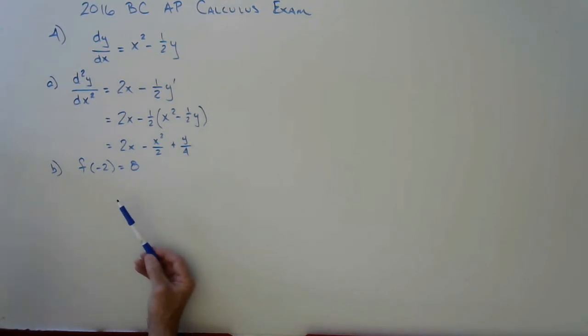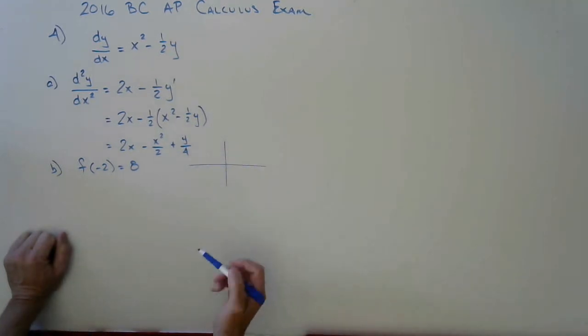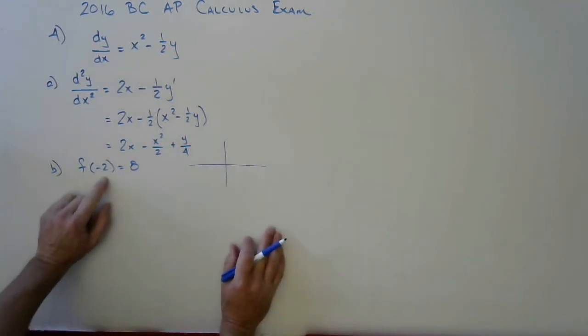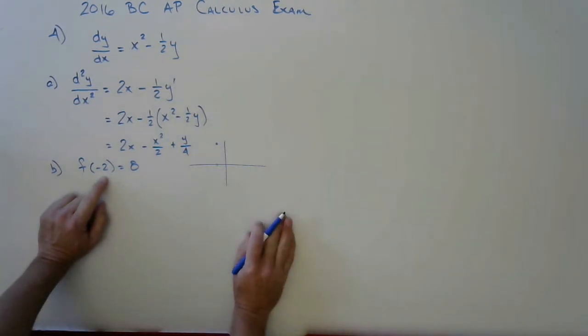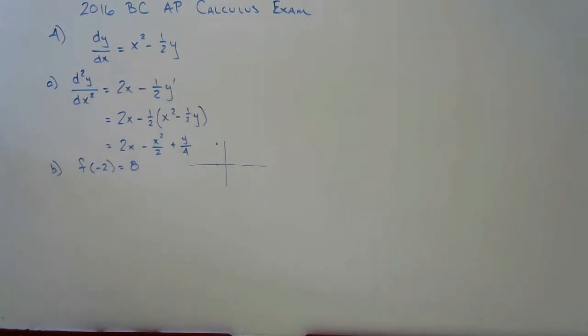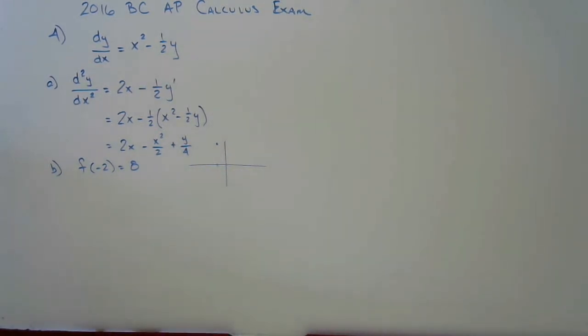If we were to graph the family of solutions, of course, there would be an infinite number of graphs. They want to know about the one solution that goes through the point -2, 8. That's what they're asking. What do we know about that one solution?